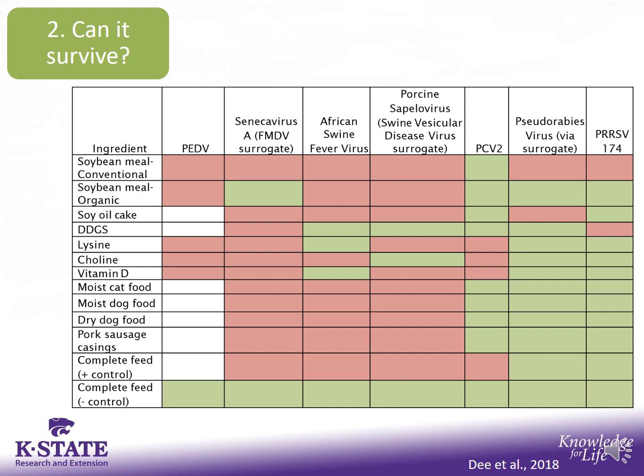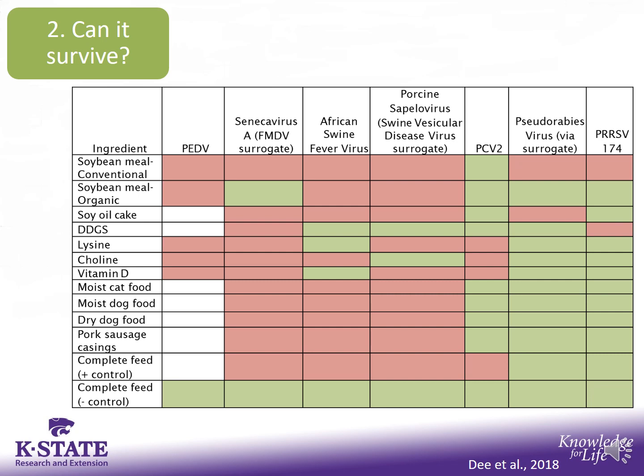If there was still viable virus at the end of this 37-day transport, they reported that as red or still potentially infectious. So the red cells represent those that were still capable of surviving this transboundary transport, at least theoretically based on this model. There are a few ways that you can look at this table.